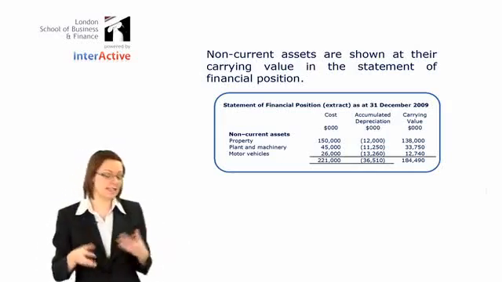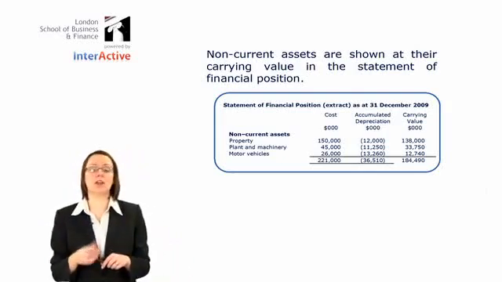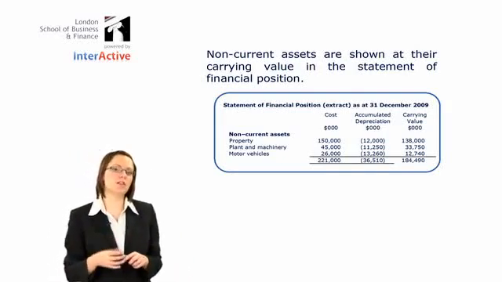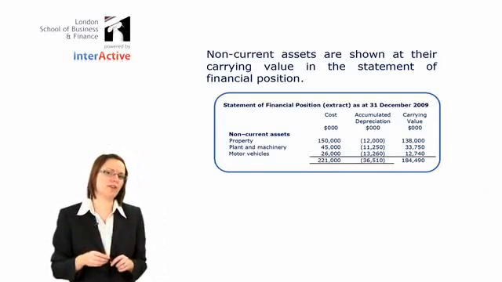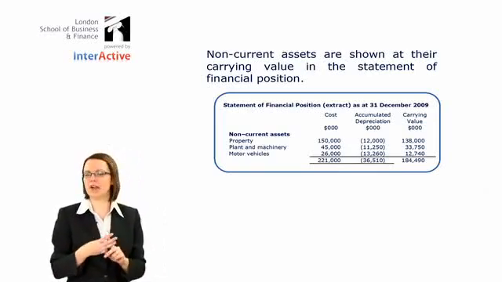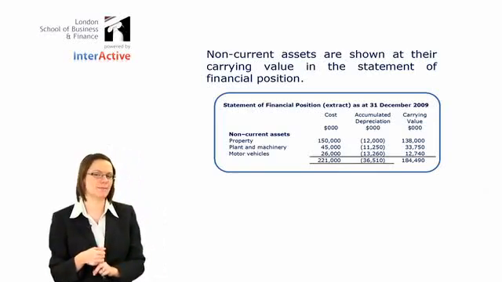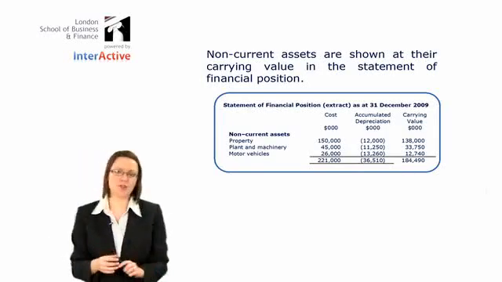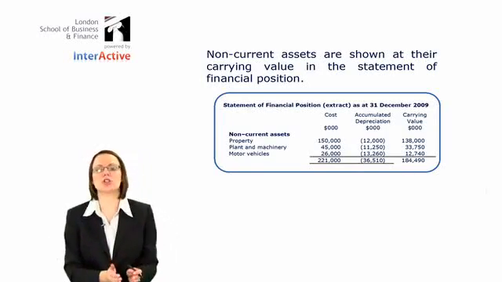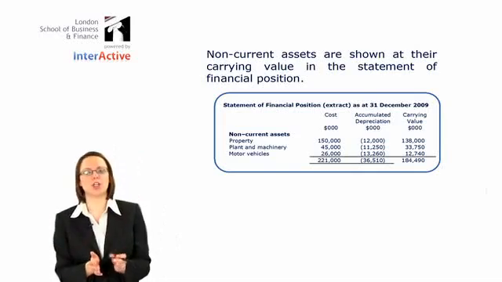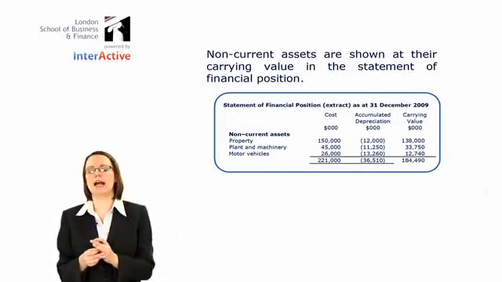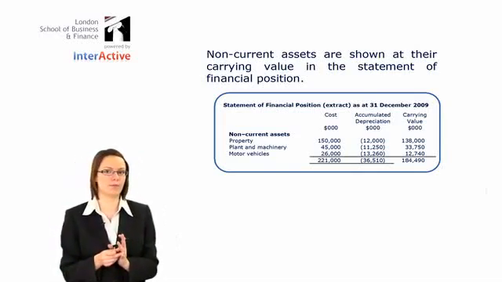So you can see then that non-current assets that we have: property, plant and machinery, and motor vehicles. 3 separate classes of non-current assets. And we have those 3 columns: the cost, the accumulated depreciation, and also the asset's carrying value.